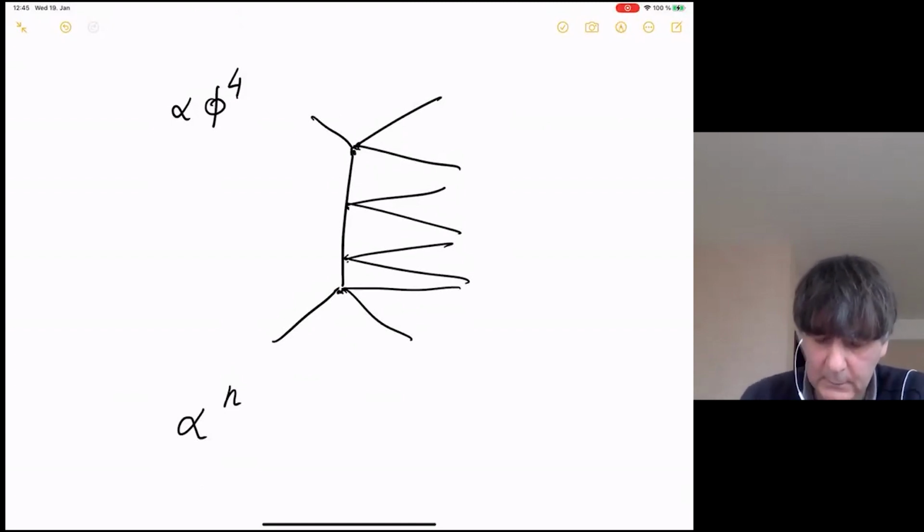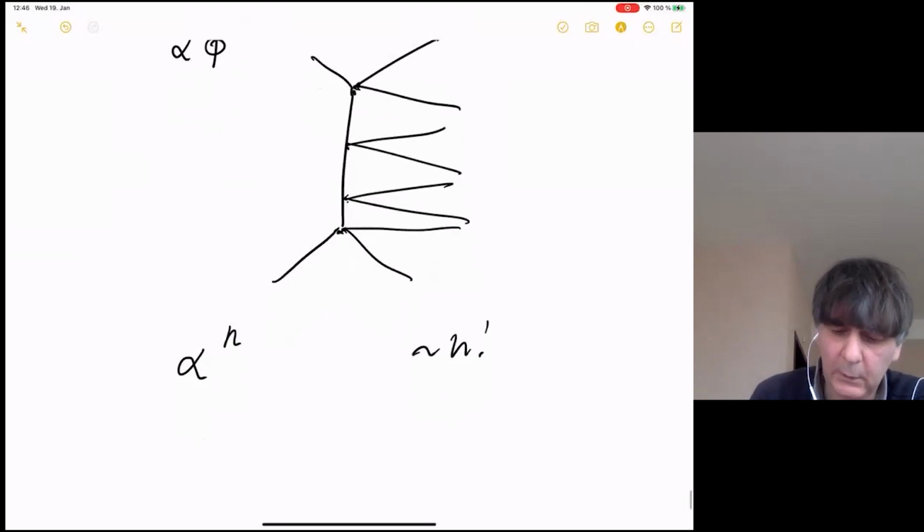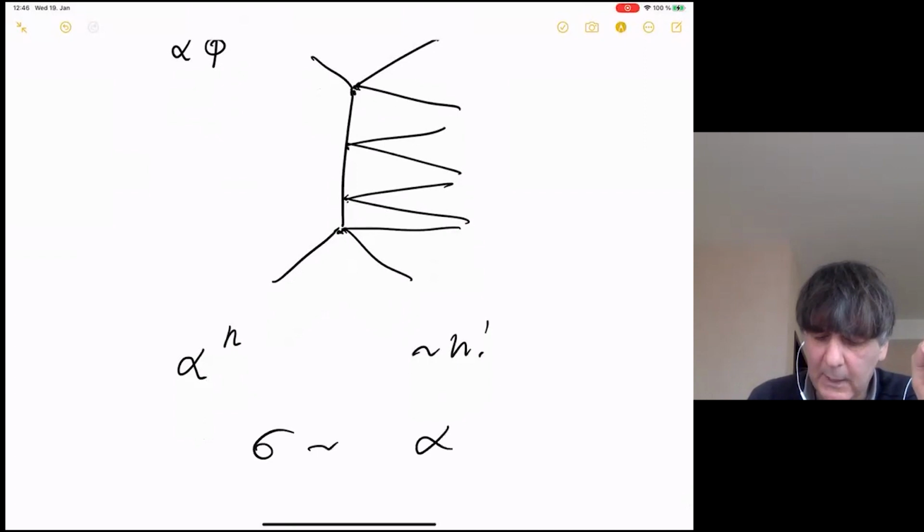However, the caveat is that the multiplicity of Feynman diagrams grows as a factorial. So roughly for large n, the growth is like factorial. And so at the end of the day, I mean, there are some subtleties here, of course, but at the end of the day, the cross section of the process grows as alpha to the n times n factorial, okay?